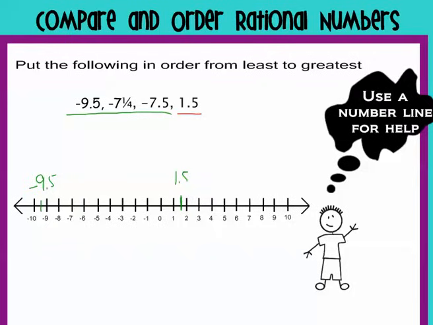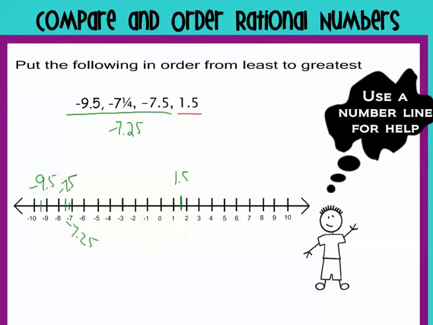And now I'm down to comparing negative 7 1/4 to negative 7 1/2. So we can use the number line. We know that negative 7 1/2 is between negative 7 and negative 8. And if I think in terms of money, negative 7 1/4 is like negative $7.25. And that's going to be between negative $7 and negative $7.50.